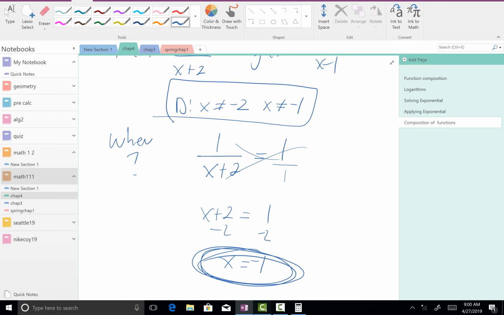So it can't be -2 and it can't be -1. But it all goes back to that whole idea of input and output: that output becomes the input, and then it kicks out, and then it gets a function. That's the whole idea behind it. So it can't be those numbers.